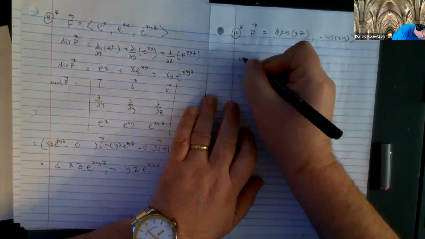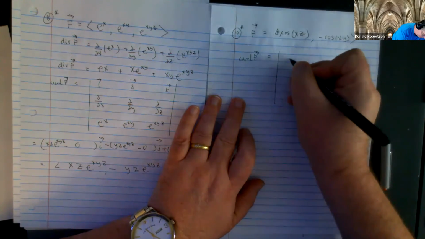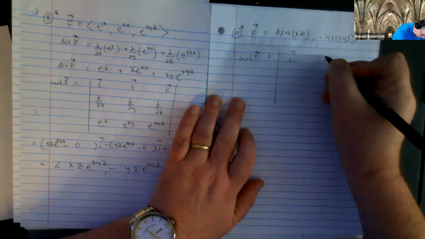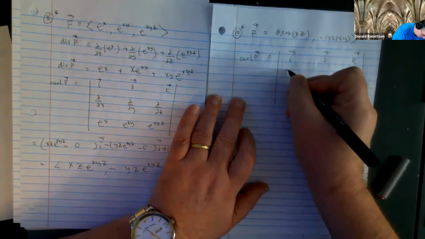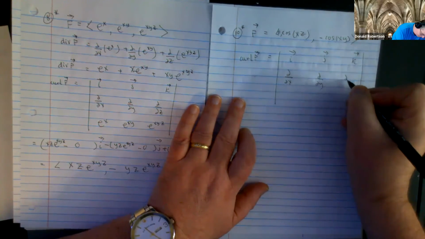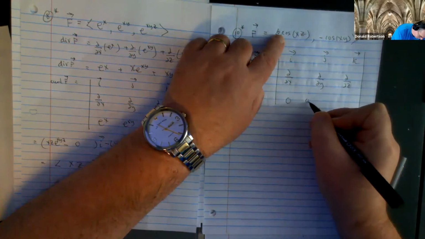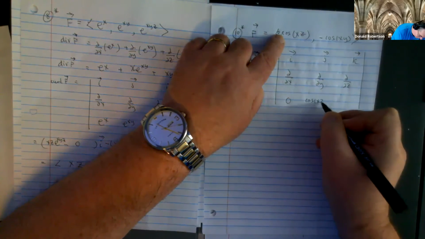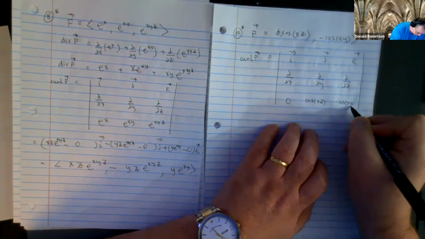I'll just do the curl, I won't do both this time. Zeros are good news when you do curls, because they tend to make the calculations a little bit simpler. So we get 0, we have a cosine of xz, and we have a negative cosine of xy.